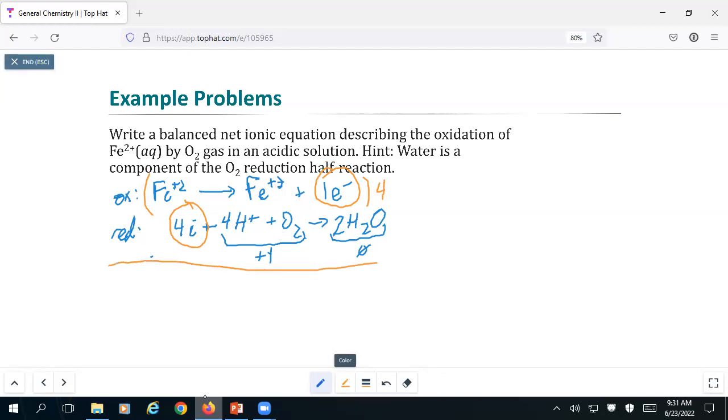And when I do, I'll get 4 iron 2 pluses plus 4 electrons, 4 hydrogen ions, and oxygen, turning into 4 iron 3 pluses, 4 electrons, and 2 waters.